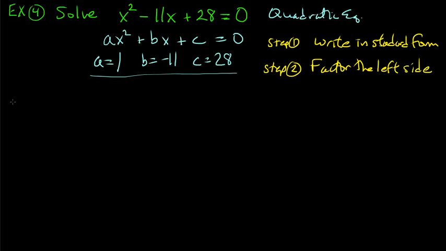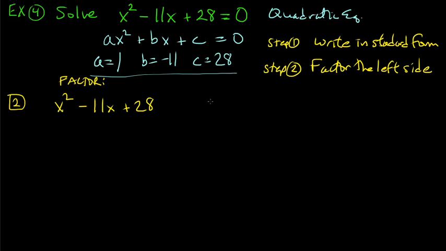So let's do that down here. Step 2. So x squared minus 11x plus 28. How do we factor that? Let's go through the process of factoring. How many terms do we have? 1, 2, 3. 3 terms. This is a trinomial.